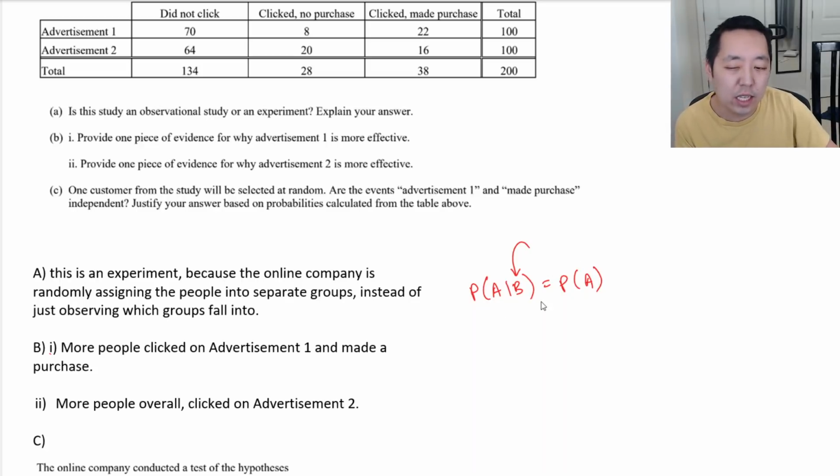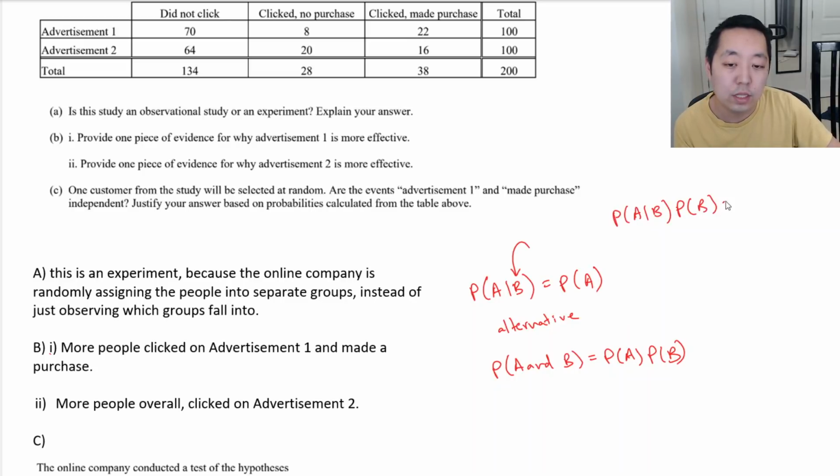Another way to look at this is the probability of A and B equals the probability of A times the probability of B. Okay, that's another way to look at it. But that's because if I take this formula and multiply both sides by the probability of B, the probability of A given B times the probability of B equals the probability of A times the probability of B. This is the probability of A and B. That's what this statement is.